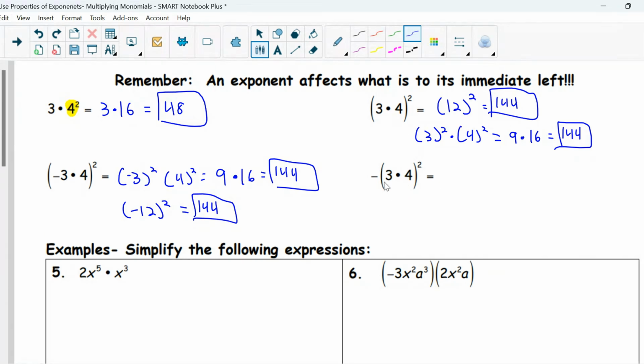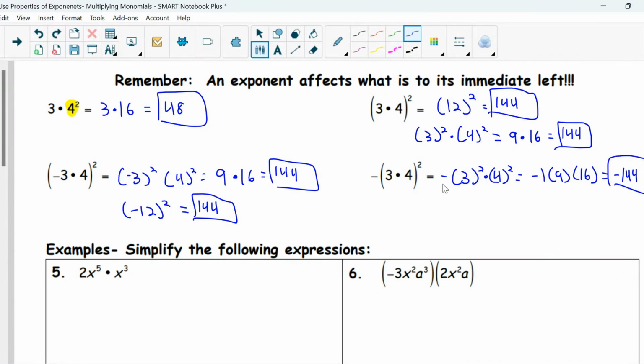Okay, this is where things get a little bit tricky. Remember, you do need to follow PEMDAS, so we have to multiply our negative 1 outside at the very end. So you could break this up as negative 1 times 3 squared times 4 squared, which would equal negative 1 times 9 times 16, which would be negative 144.